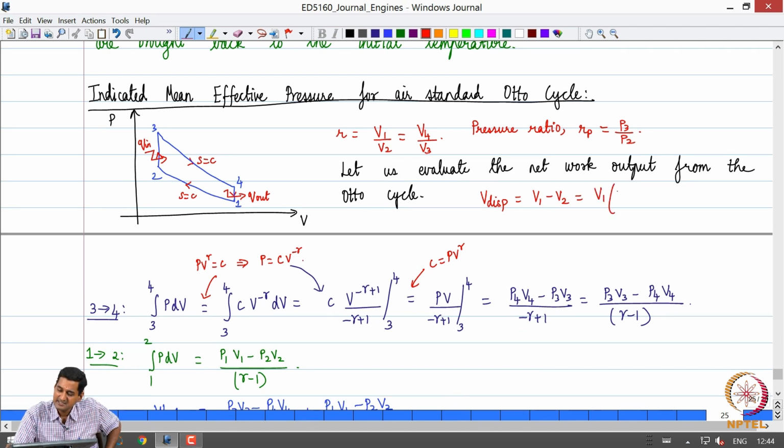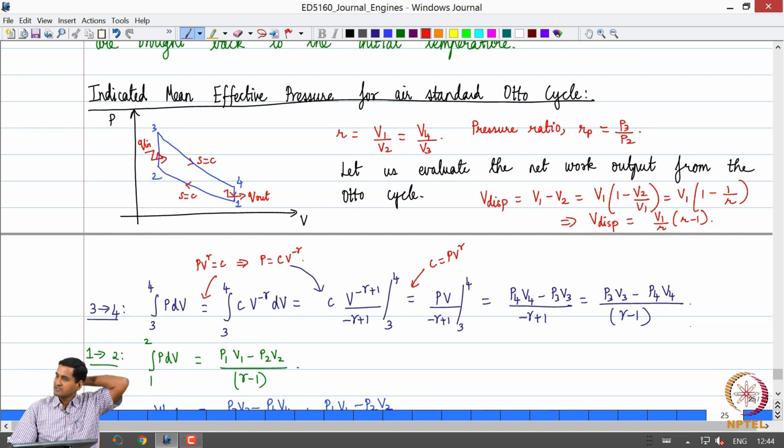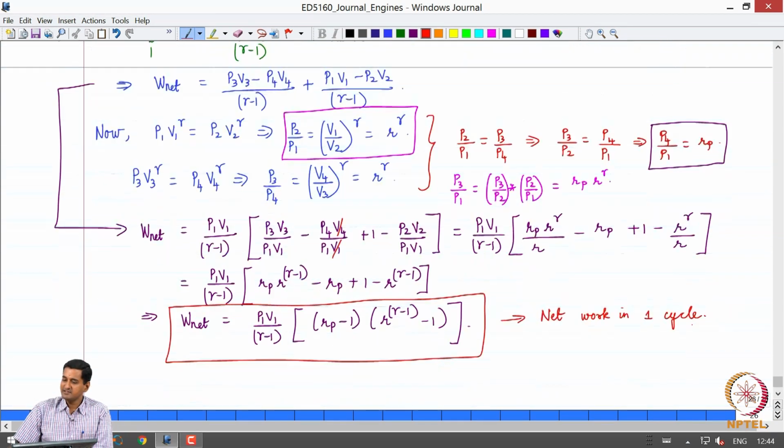I can rewrite this as V1 times 1 minus V2 by V1, and what is V2 by V1? 1 by R. So, I can rewrite V displacement as V1 by R times R minus 1, right. So, very simple. I am just using the definition of compression ratio to rewrite the displacement volume in terms of V1 and R. Obviously, the reason will become very clear shortly, right. So, that is my displacement volume.